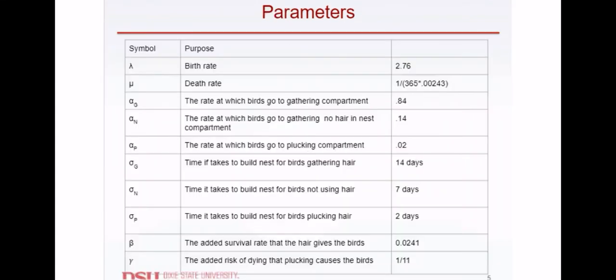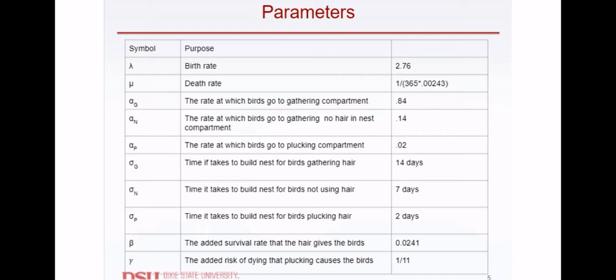These are our basic parameters, many of which were found through research, such as the birth rate and how long it takes different birds to build their nests. However, some of our parameters are done through calculation. We use the lifespan and confidence intervals to find the death rate and the added survival rate of birds.